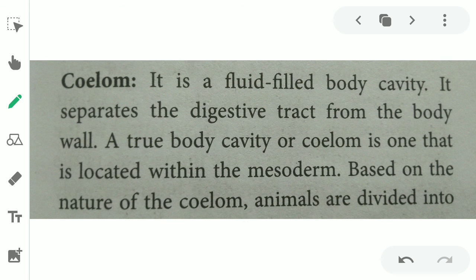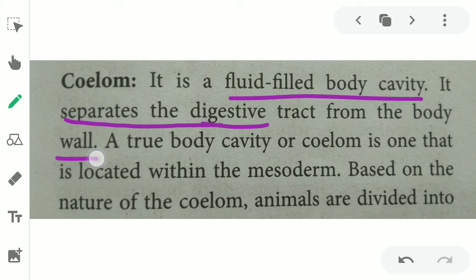Next one, coelom. Coelom is a body cavity. Cavity means a gap. In our mouth, there is a gap, that is a cavity. You understand? Cavity means some gap. That gap is filled with a fluid. It separates the digestive tract from the body wall. The digestive tract is separate from the body wall.